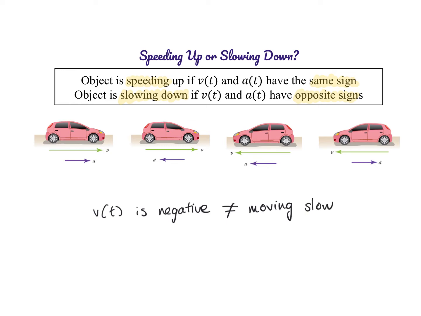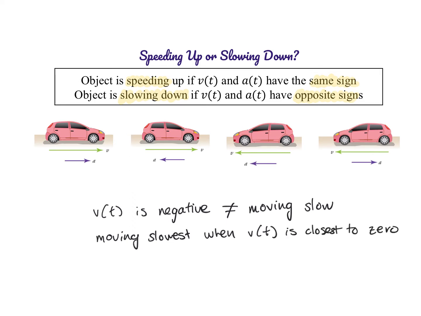I think it'd be really easy to think, okay, if my velocity is positive, then I'm moving fast, and if my velocity is negative, then I'm moving slow. When your velocity is negative, it just means that you're moving in the negative direction. So you're actually moving slowest when the velocity is closest to zero.